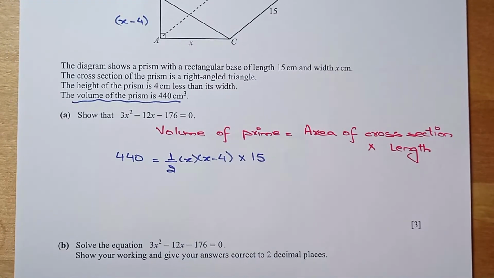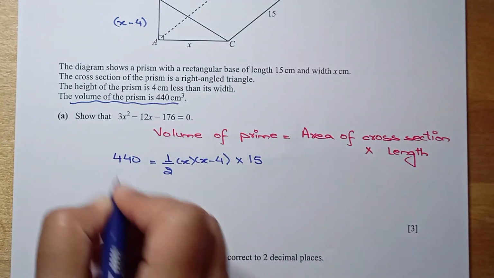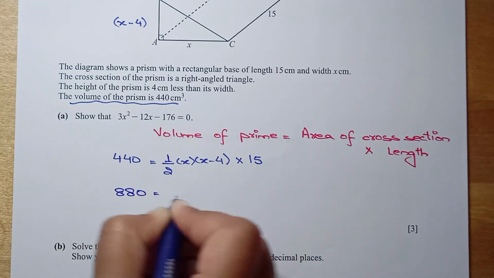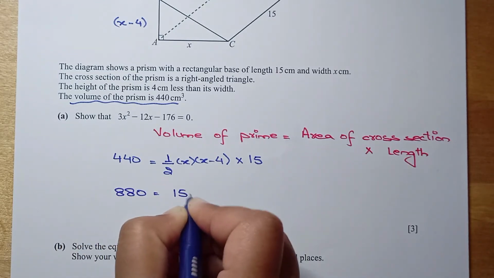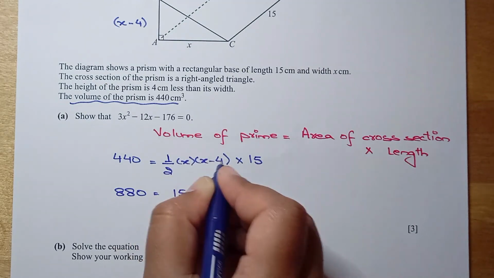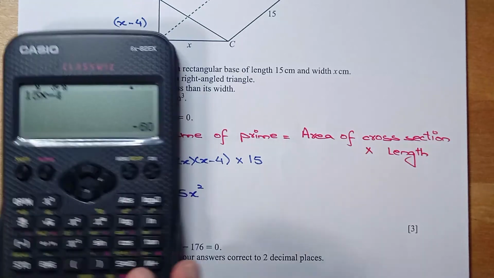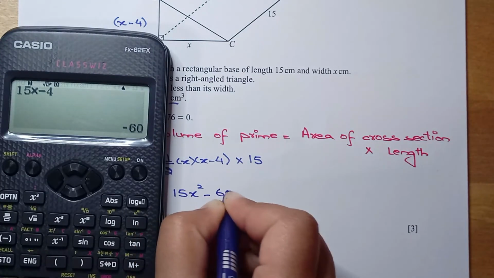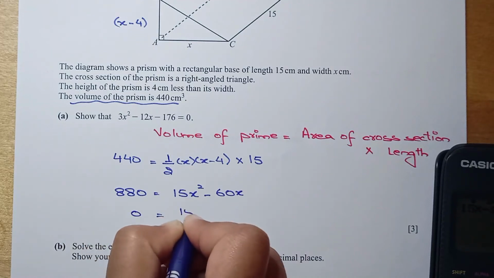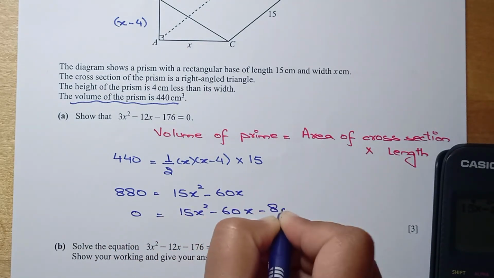Okay. Now let me simplify it. So 2 is going to multiply with this. So 2 times 440 is 880. And this is equal to 15. x times x is x square. And 15x times minus 4. 15 times minus 4 is minus 60x. Let me arrange it. So 0 is equal to 15x square minus 60x minus 880.